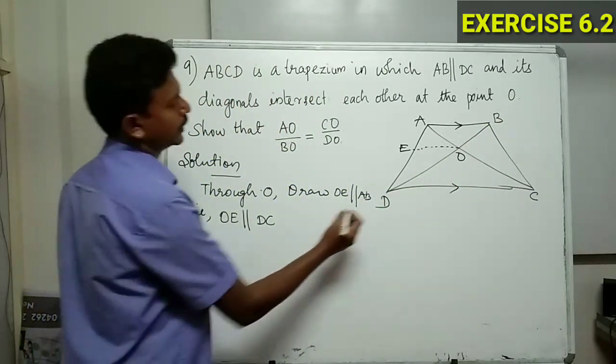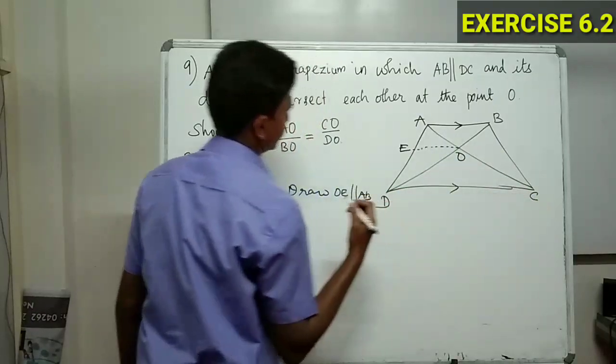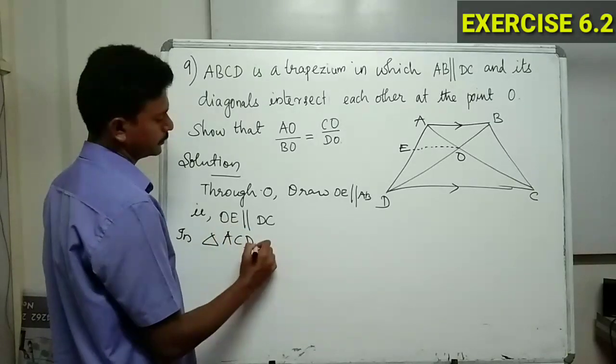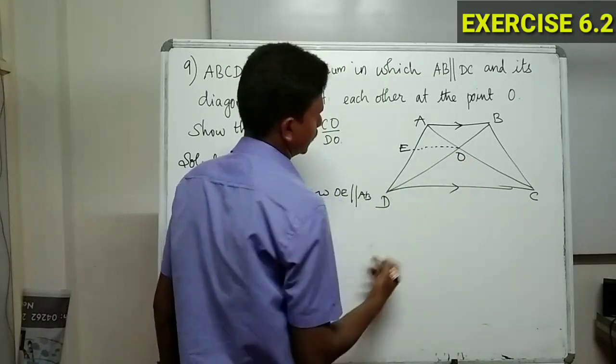Now we are taking a triangle, first triangle ACD. In triangle ACD, this is a parallel line.